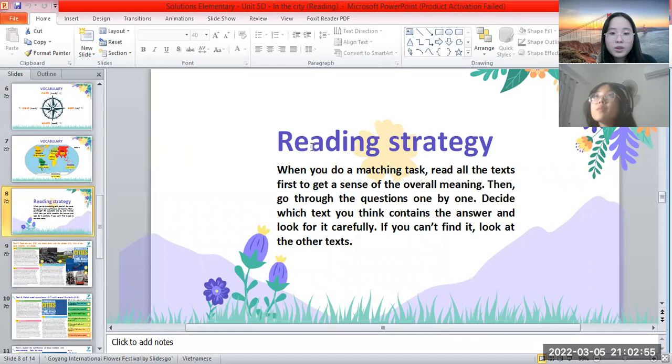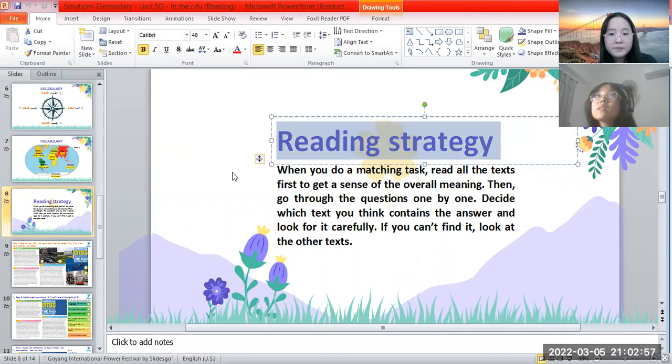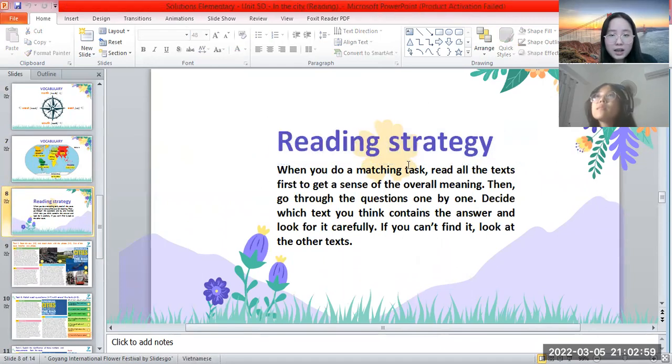First, we have the reading strategy. A reading strategy is a set of techniques for you to know how to do the reading text, how to read a passage and do the questions related to it.